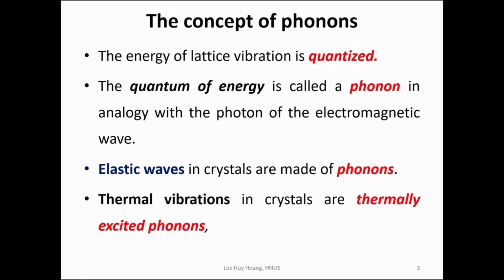Now we have another way to see the vibration. The thermal vibration in crystal we call the thermally excited phonon. So now we don't see the crystal as containing atoms anymore, but the crystal now contains phonons.